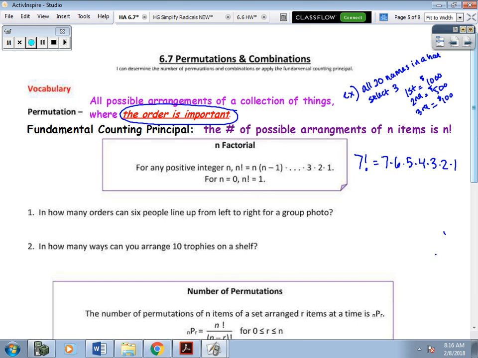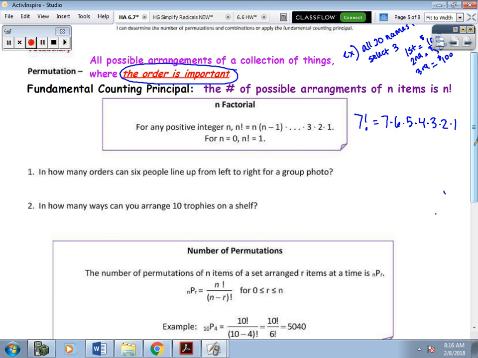All right, so in how many orders can 6 people line up from left to right for a group photo? So we have 6 people. All of them are going to be in the photo. So this is telling me that I'm going to use my fundamental counting principle. And some people like to think through these logically.